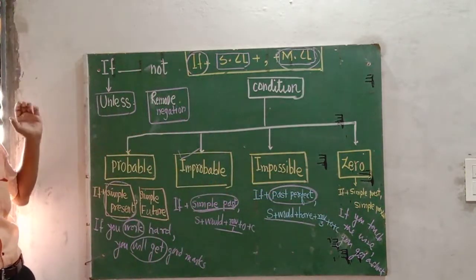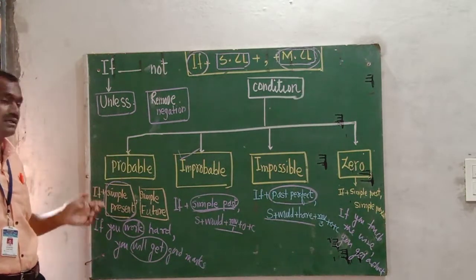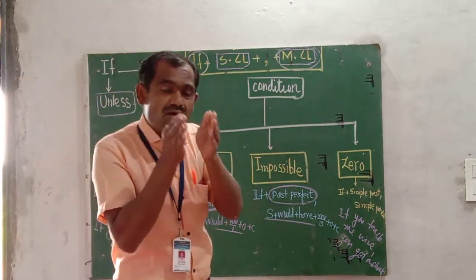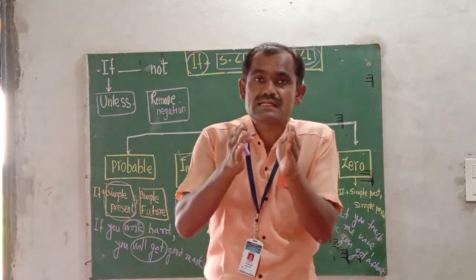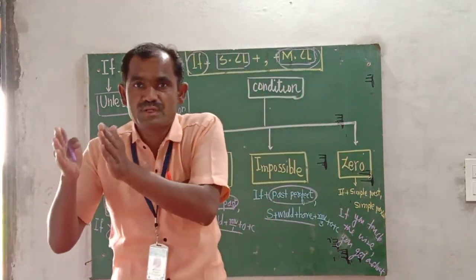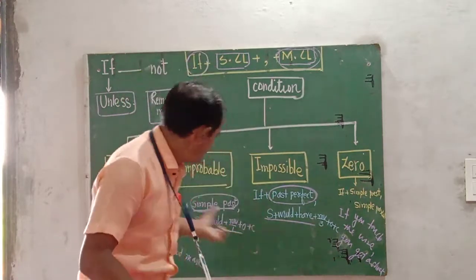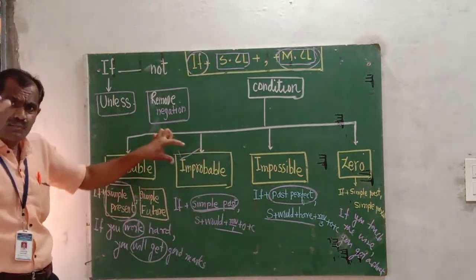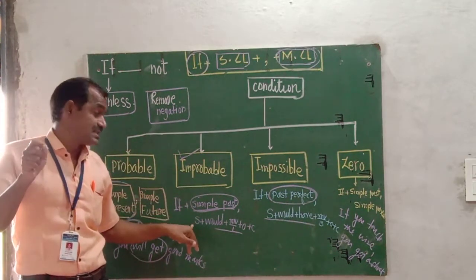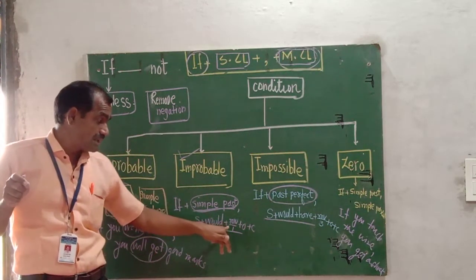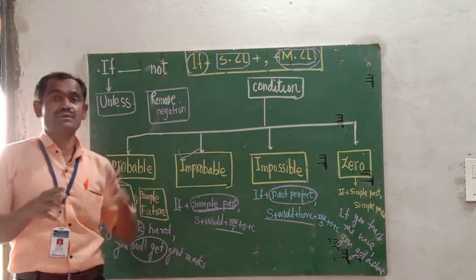Let's revise this topic. In the probable condition, simple present in the if clause is coupled with simple future. In the improbable condition, simple past is coupled with the structure of subject, would plus verb, object plus complement.